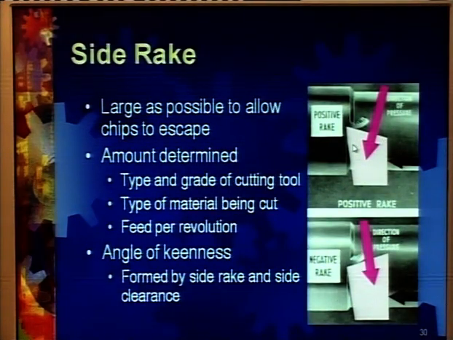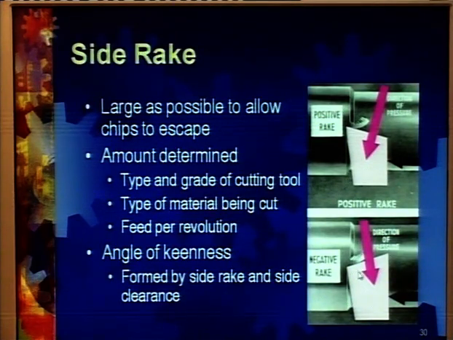This slide shows the importance of the side rake angle. We have shown two pictures here, showing a turning operation going on with a positive rake angle and a negative rake angle. A positive rake angle is the most commonly given rake angle and is normally used in the high speed steel tools that we use in our workshops.